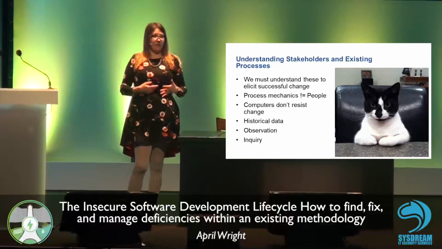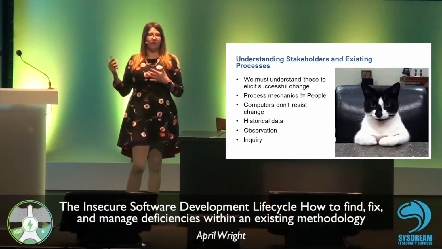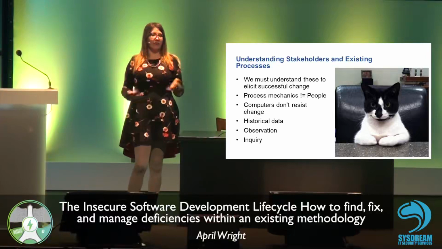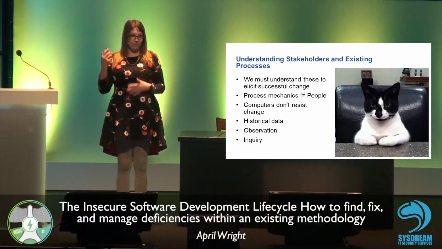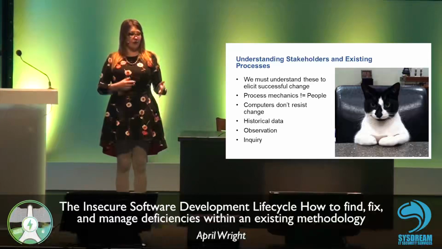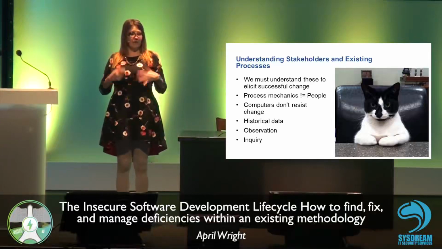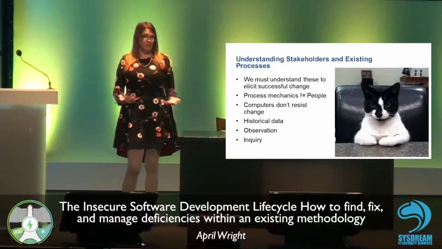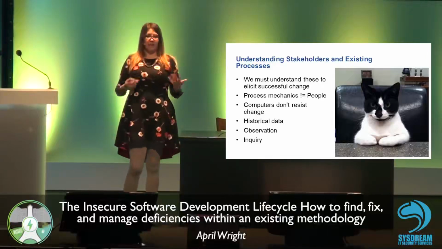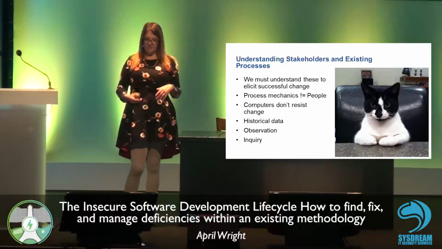We need to understand how the process works before we can change it. We can't just walk in and say, okay, let's make a bunch of changes. It doesn't really work that way. So we try to understand the software and how things are being done through observation, through looking at historical data and metrics, and then asking people what they think and what's wrong and how things work.